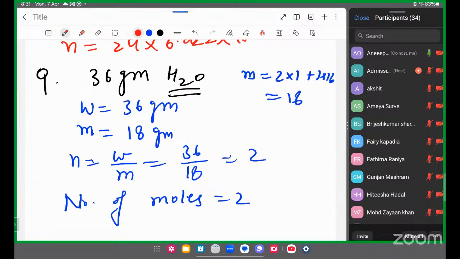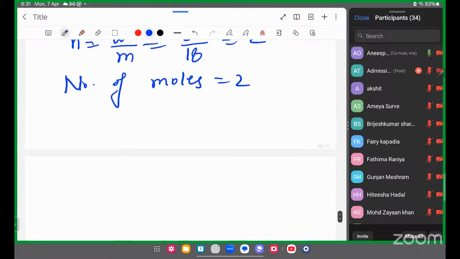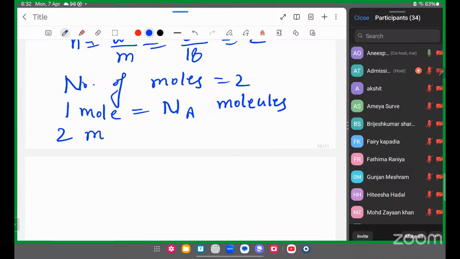In case of H2O compound, the constituent particle is the molecule. So if you convert it into molecules, number of moles is 2, and 1 mole is equal to 6.022 into 10 raised to power 23 molecules. 2 moles will give you how many molecules? 2 into Na molecules. Understood?